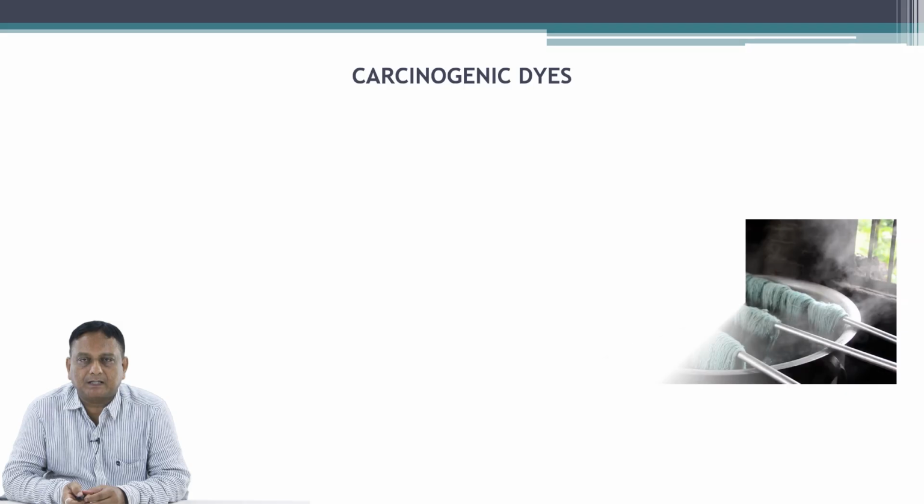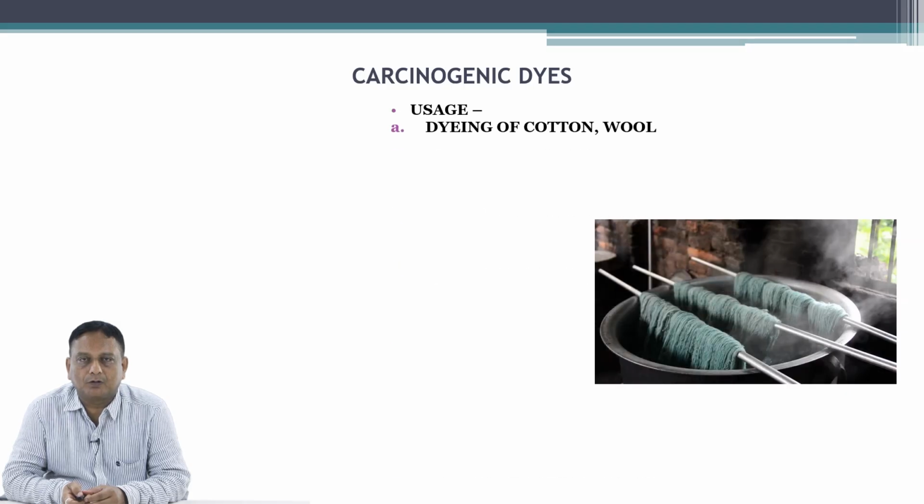Now when we talk about carcinogenic dyes, we also talk about the different uses of carcinogenic dyes and their harmful effects, as we have already seen. Normally in azo dyes, reductive cleavage happens, and banned amines are formed. It can be found in wool dyeing also.